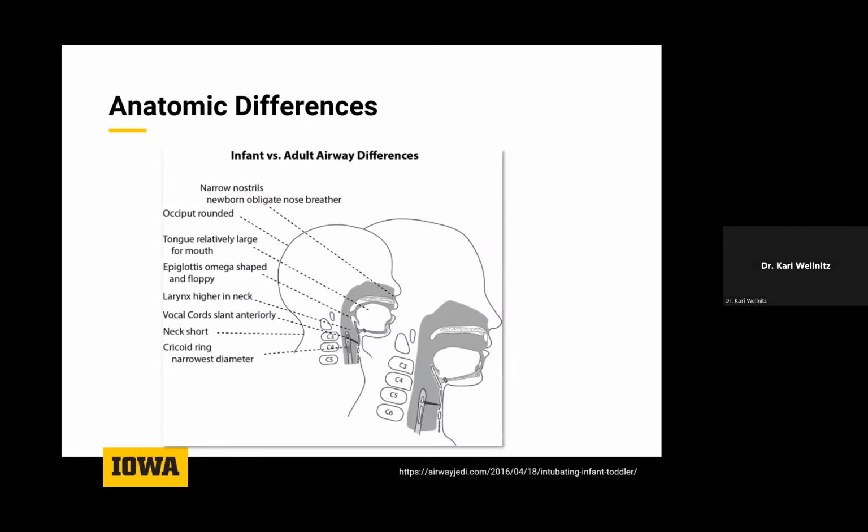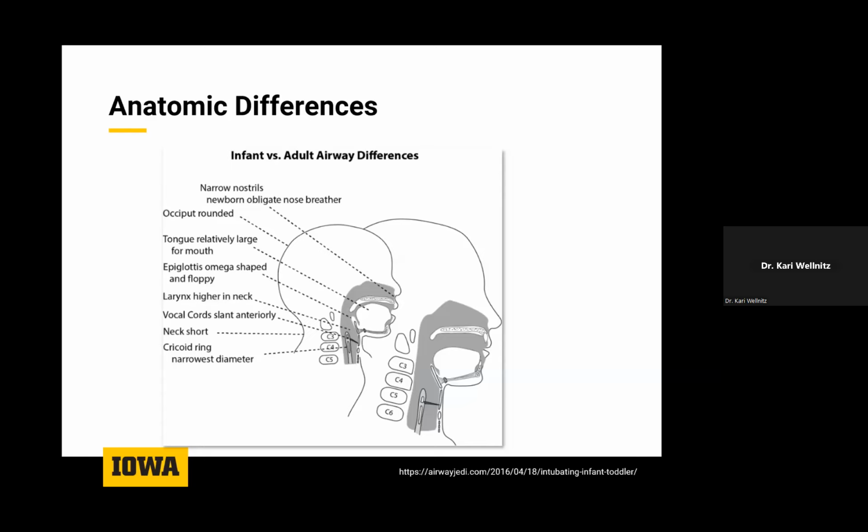There are also some important anatomic differences between adults and kids that will impact how you care for them. For example, children have narrow nostrils, and as newborns, they're obligate nose breathers. This can be huge: if a child gets an upper respiratory tract infection, they may benefit more from suctioning than you would see with an adult blowing their nose.